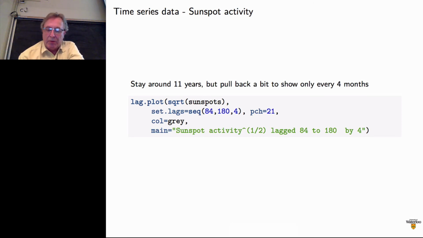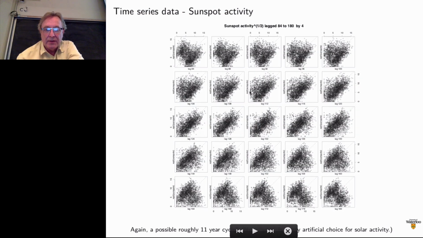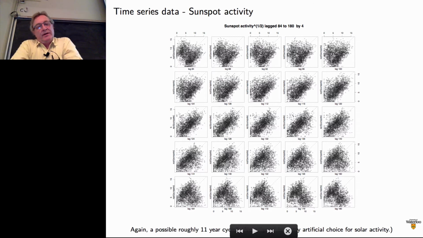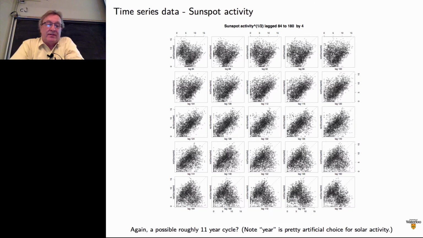So just to pull back a bit now, all I'm doing is changing these lags to look at every 4 months. So again, 132, the 11 years, is right in the center there. And you can see that pattern. We've got the tightest correlation around 11 years here, 4 months on either side.